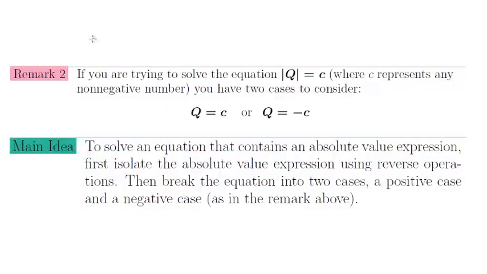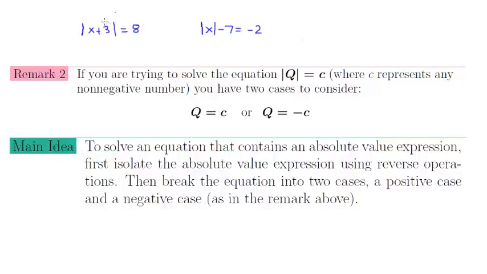Now, our job will not be to just simplify absolute value expressions, but rather to solve equations that involve absolute values. For example, we would solve the absolute value of x plus 3 equals 8, or another example, the absolute value of x minus 7 equals negative 2.